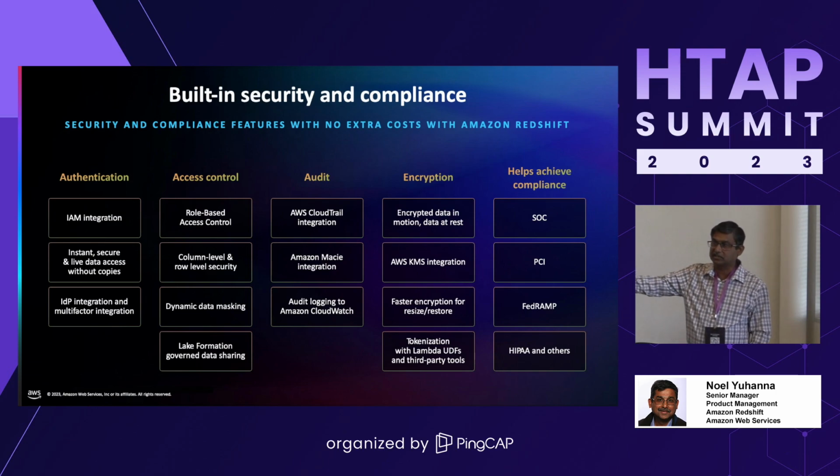If you use Redshift in serverless or clusters, you get all features. There is no additional cost. If you want to use dynamic data masking, you get it. There is no additional security cost. Or if you want to use row-level security, you get it. Or if you want to integrate with your Azure AD, we can do that. All these features are available for you free.